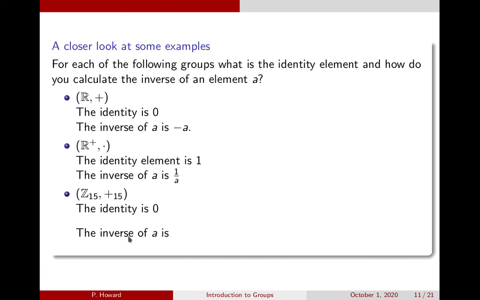Well, you may recall that it's not as easy as simply taking minus a. You have to make sure that the inverse of an element from Z15 is actually in Z15. And recall, this is how we did it. The inverse of a is 0 if a is 0. Otherwise, you calculate the inverse by taking 15 minus a.